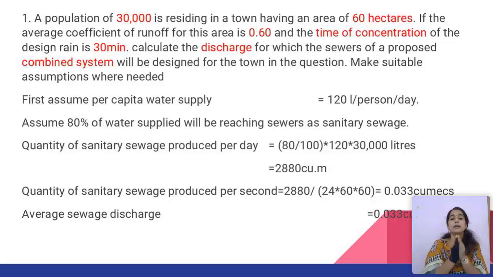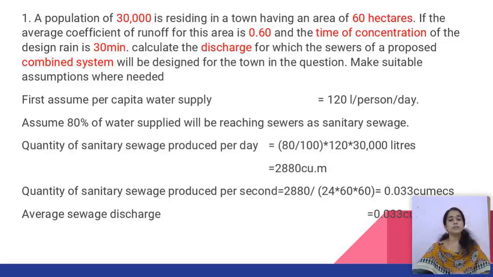If the runoff coefficient of a particular area is divided into short areas and the coefficients of those short areas are given, then we have to calculate the coefficient of runoff. In this case, the average is given, so we can accept this value directly in the equation. Okay. And the time of concentration of the designed rain is 30 minutes and calculate the discharge.